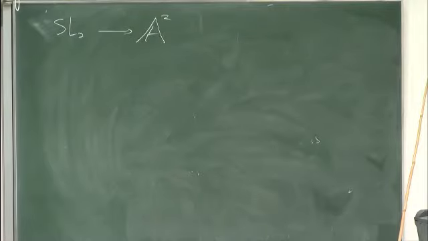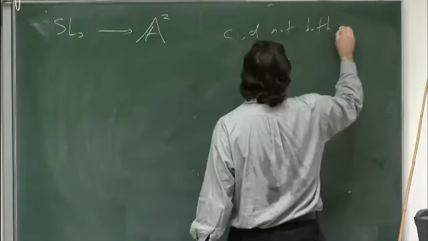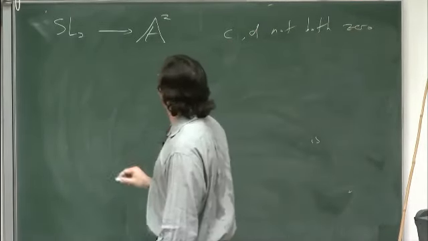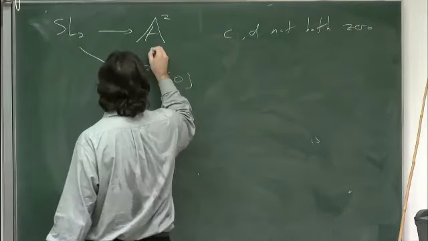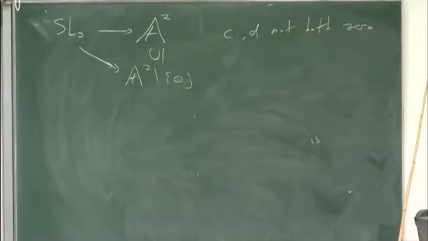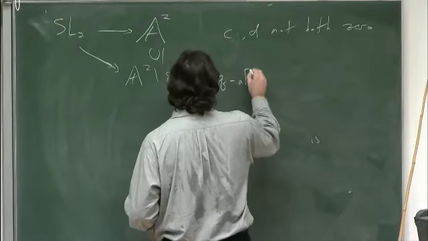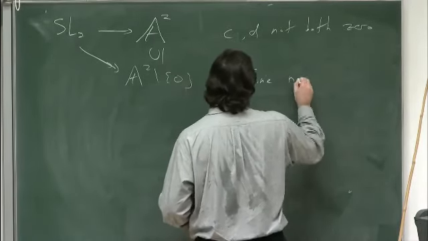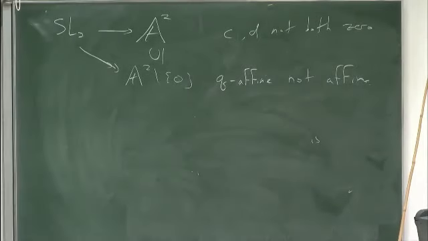But now we can't have c and d both simultaneously 0. So what that actually means is that SL2 is surjecting down onto A2 minus the origin in A2, which is very different from what happened before. It's a small difference, but it could be very important. Okay, so this, as we know, is not an affine variety. It's quasi-affine, but not affine. What else can happen? So this is example 1.